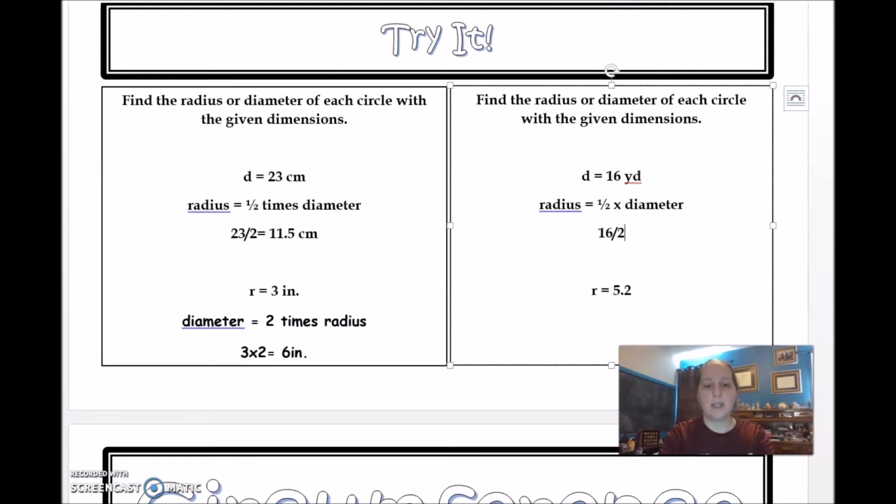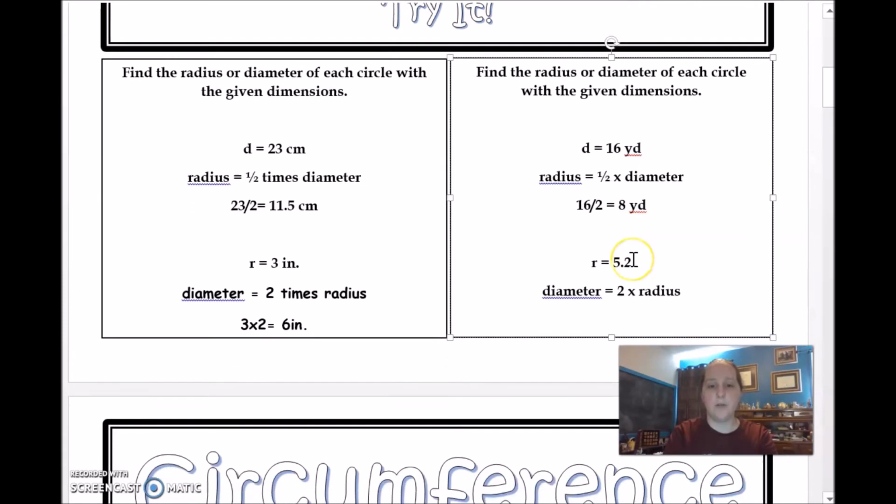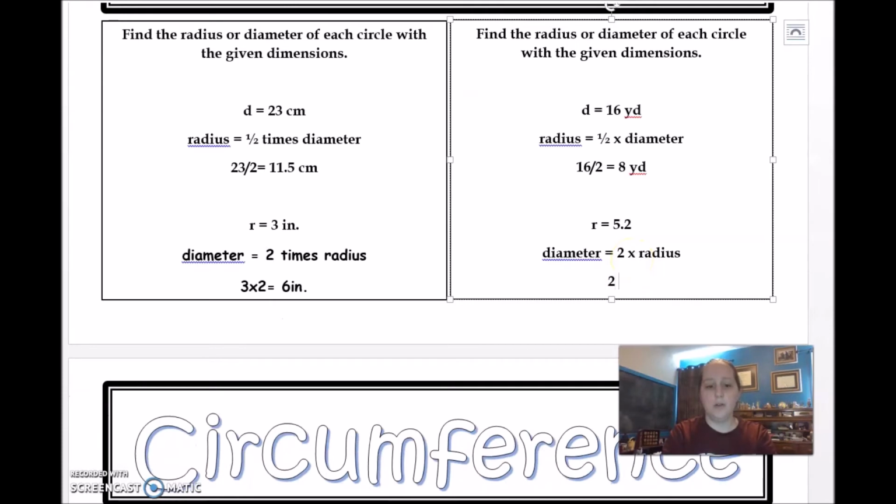So 16 divided by 2 equals 8 yards. And then the last one I have, radius equals 5.2. So again, my diameter equals 2 times my radius. So 2 times 5.2 equals 10.4, and there's no units with that one.